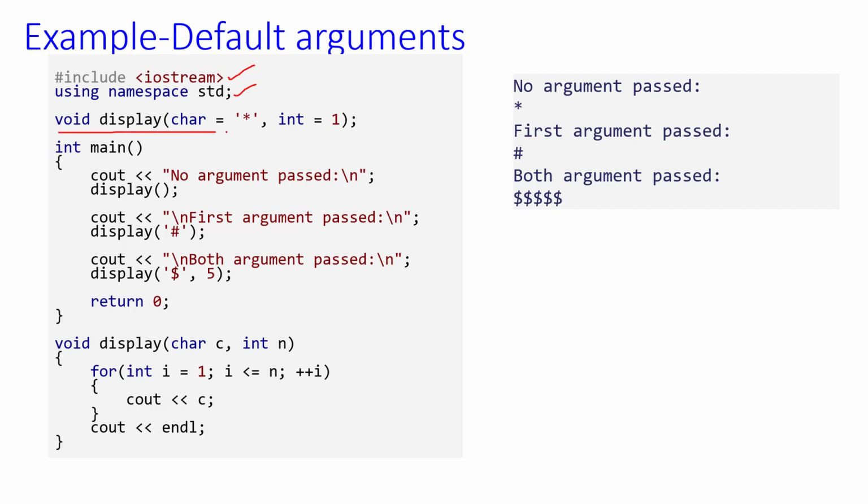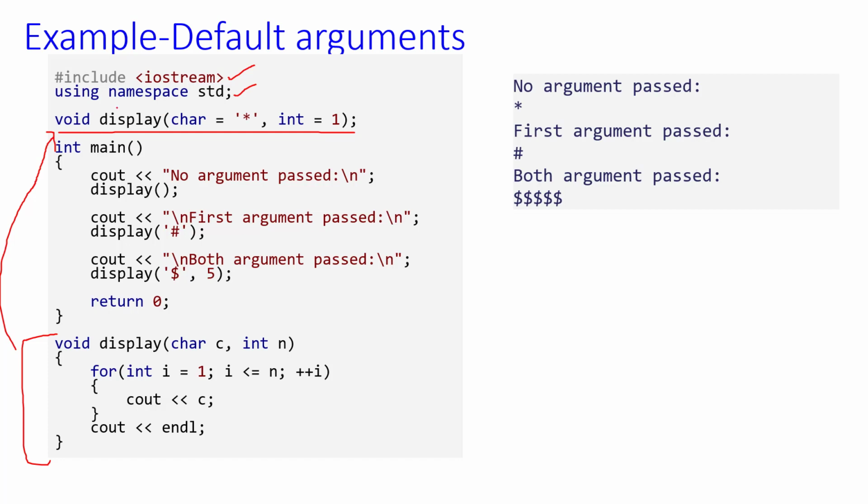Here you are defining the function before the main function. Suppose you are defining the void display, that means this part, before the integer main, then you don't need to define it again.